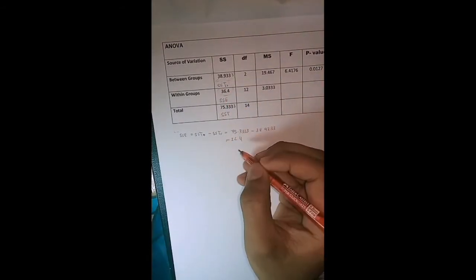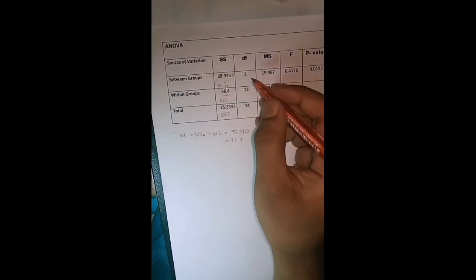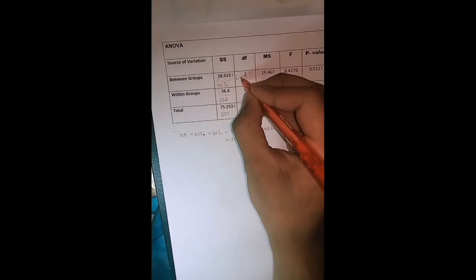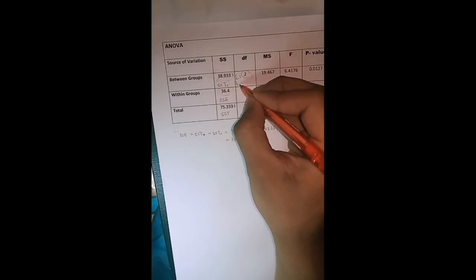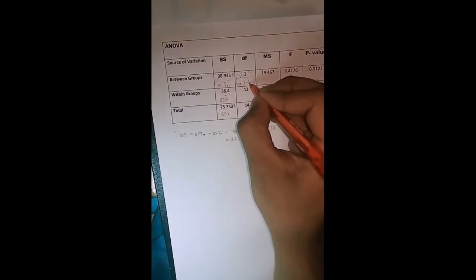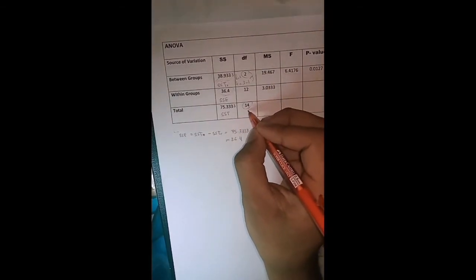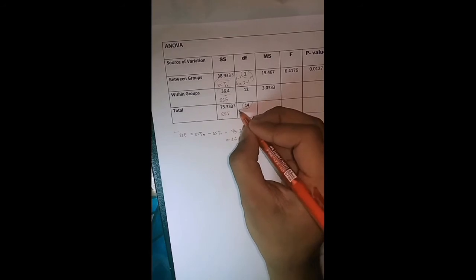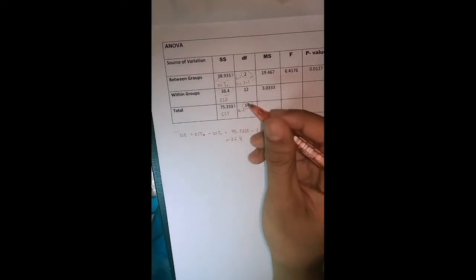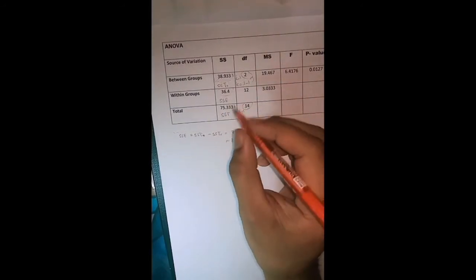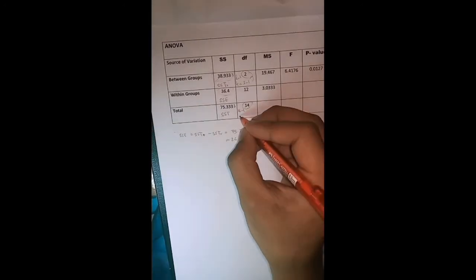How do we get this one? The degree of freedom for treatment is k minus 1, which means 3 minus 1, so we get 2. For the total, it is n minus 1. The total independent observations is 15, so 15 minus 1, we get 14.